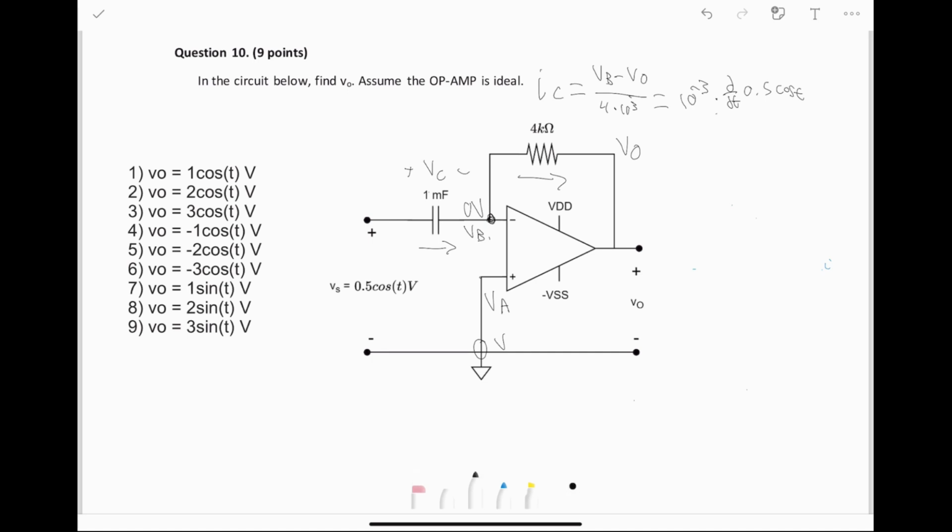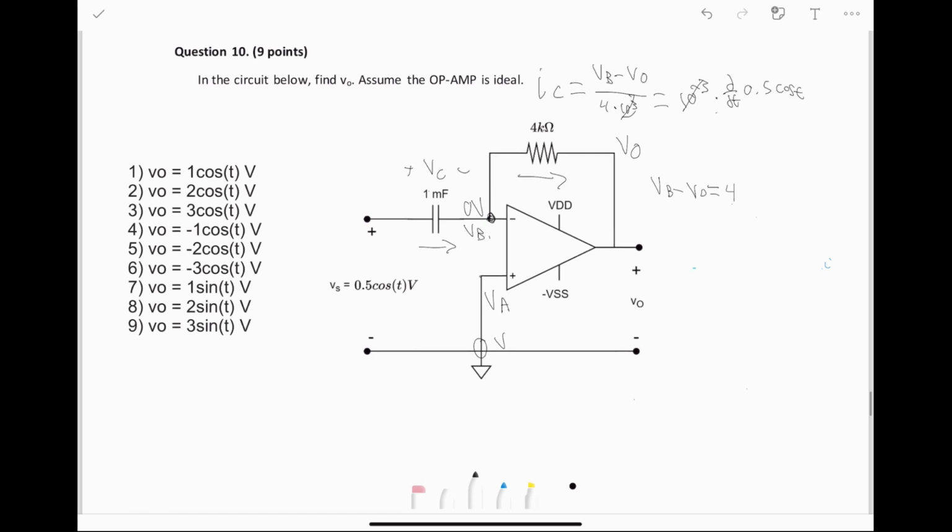At this point, we've really done all of the setting up we need to do. We just rearrange for the solution. So we can multiply both sides by 4 times 10 to the third. And this simplifies a bit to be VB minus V naught is equal to, these cancel, 4 times 0.5 d by dt cosine of t.